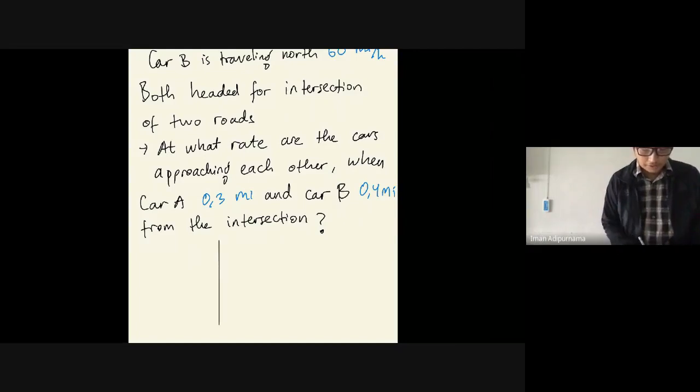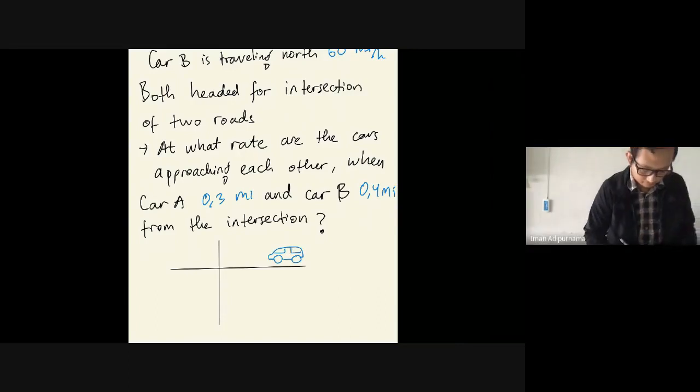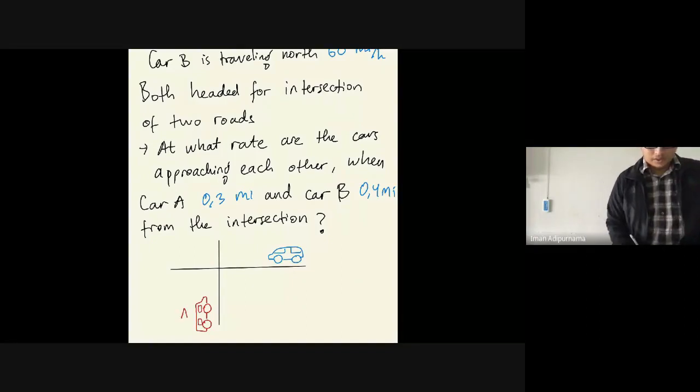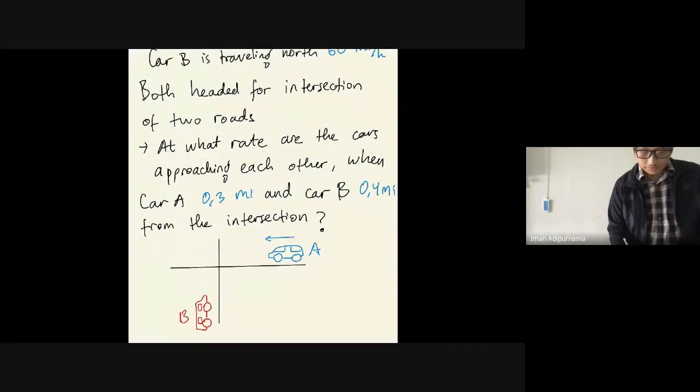So let me draw the intersection, and let me draw the cars. This is B. This is A. This one goes at 50 miles per hour.